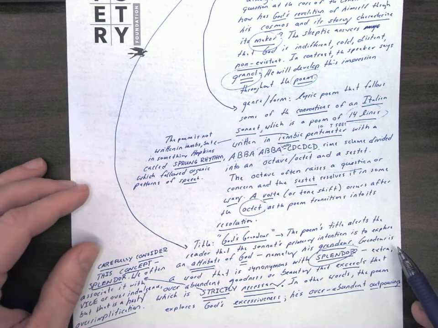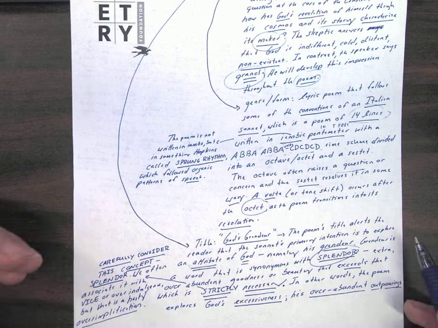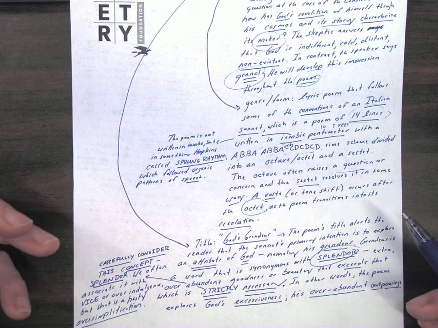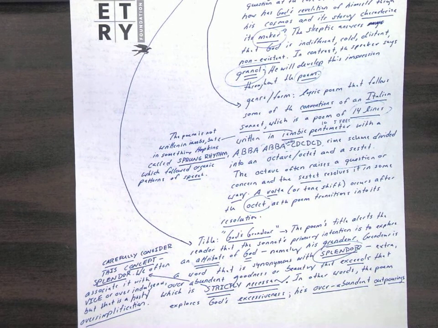Which is a word that we use to refer to extra, overabundant things. Extra overabundant beauty or extra overabundant goodness that exceeds that which is strictly necessary. Okay?